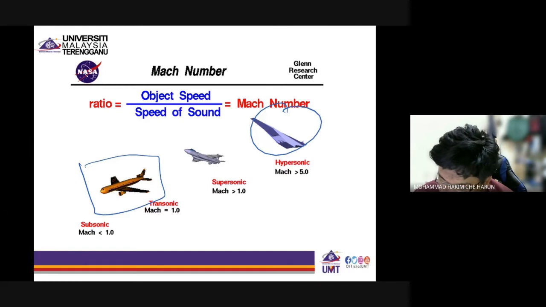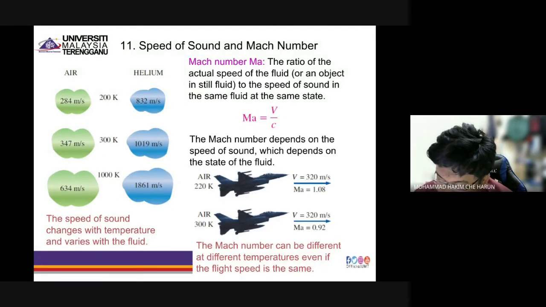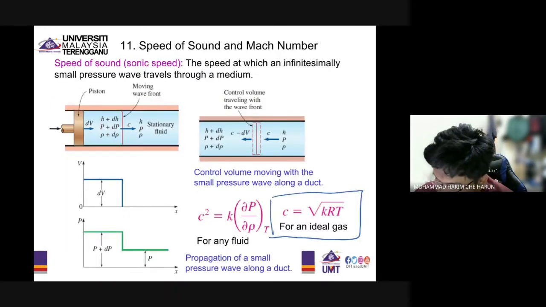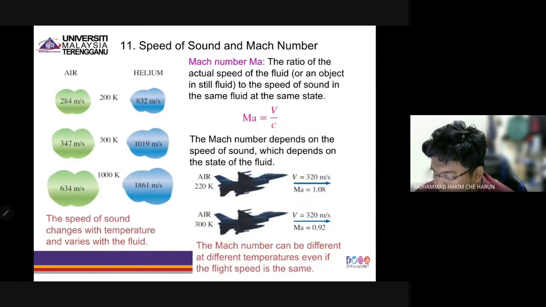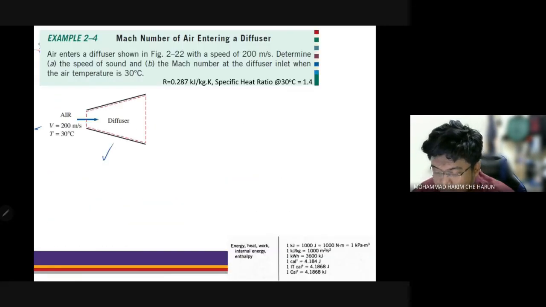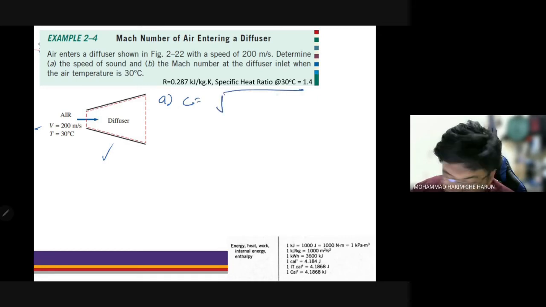Okay, pergi balik dekat formula ni, kita tengok speed of sound. Jadi dia nak tahu speed of sound ni. Speed of sound C. Jadi formula dia square root of K times R times T. Okay, so C equal to K times R times T. Okay. For R is given 0.287 for the ideal gas.